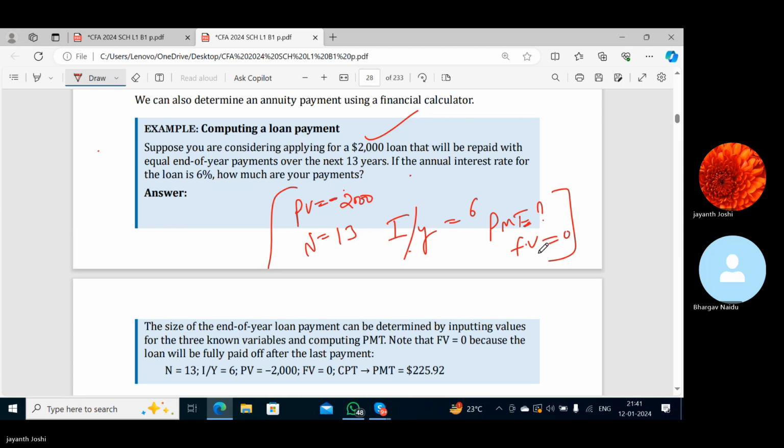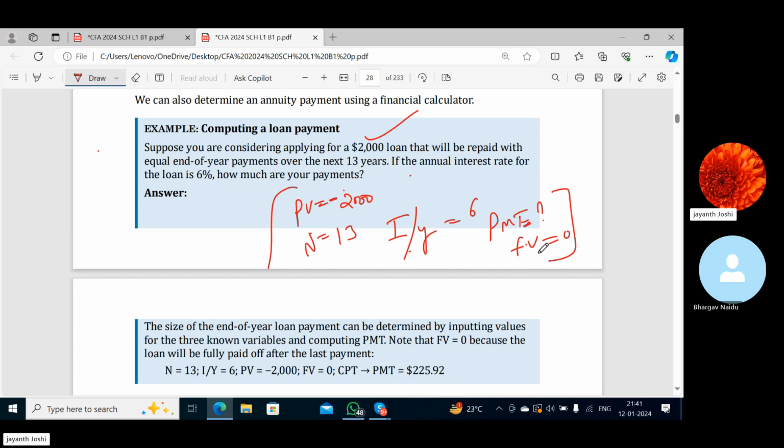Again, second, clear TVM, clear work. I'm typing once again 13 N, 6 I by Y.